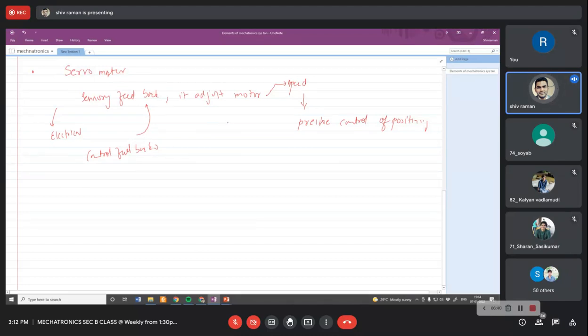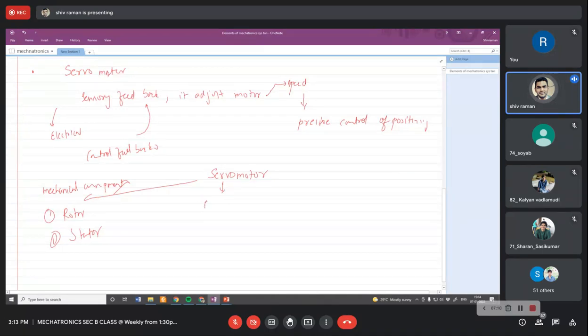Okay, so let me give you how a servo motor comes under a simple mechatronic system. It has mechanical components, okay, which include your rotor, stator. Okay, this we will brush up in the electrical system.